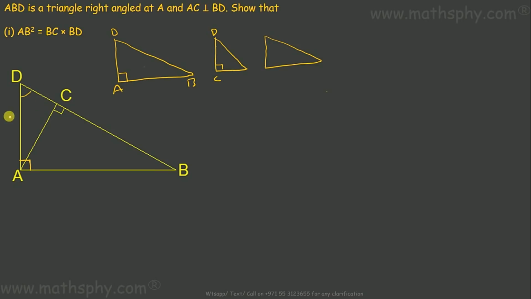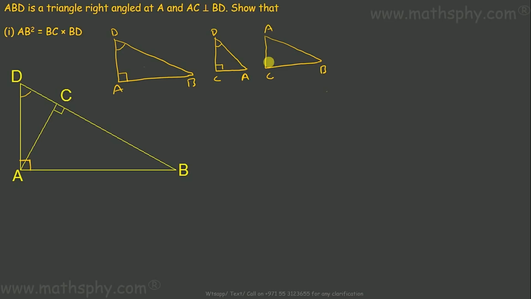In this triangle and the big one, D is common, so this will be D and this will be A. This one here again, right angled at C. This would be B because B is common in this and the big one, and this would be A.